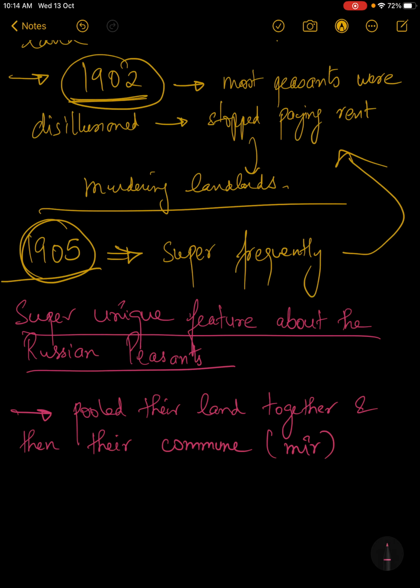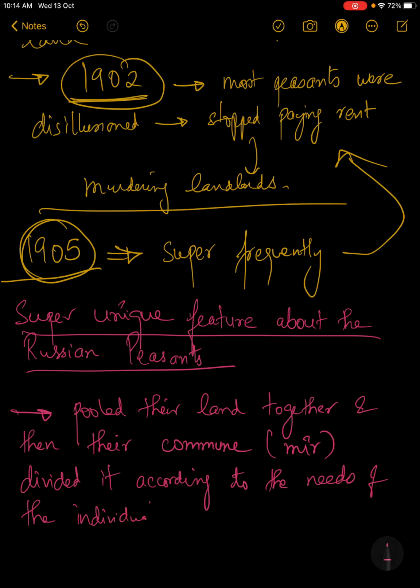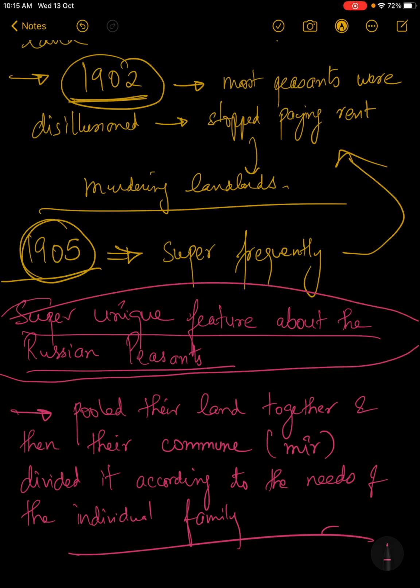So their commune divided it according to the needs of the individual family. Right, so this is something that was extremely unique about the Russian peasants.